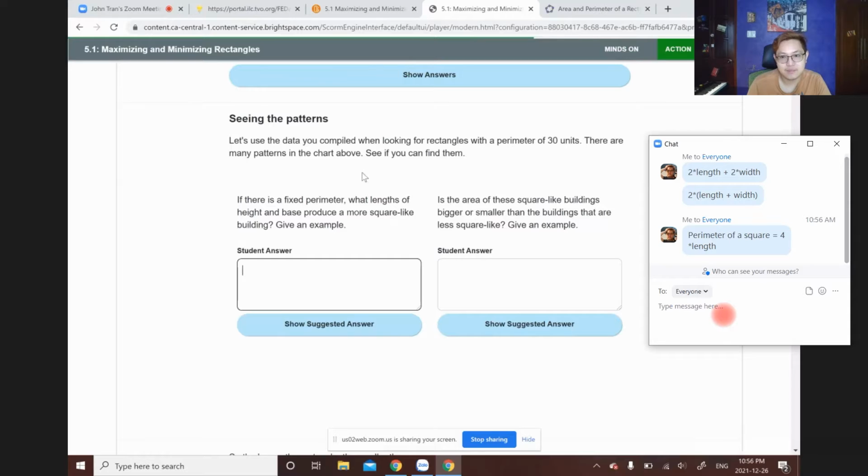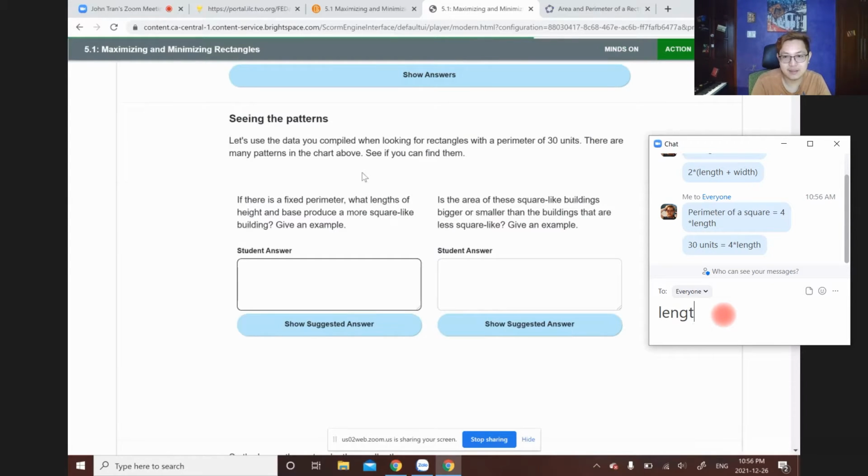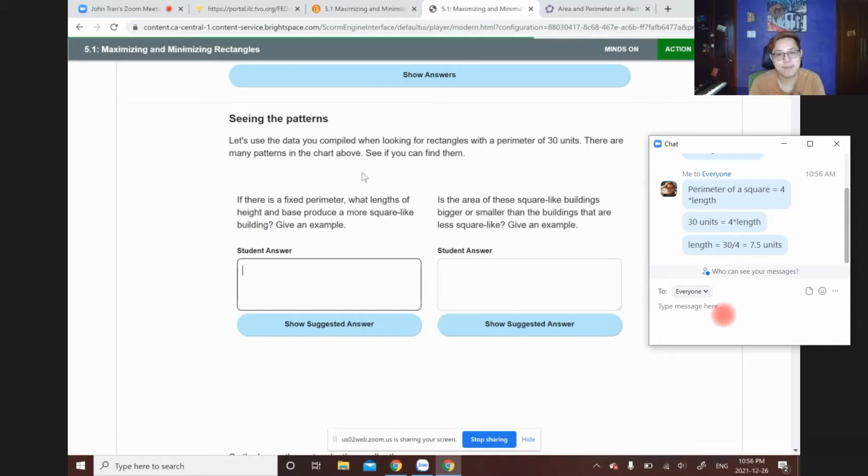So now 30 units equals 4 times length, so length equals 30 divided by 4, which is 7.5 units. So if you have a length of 7.5 units and a width of 7.5 units as well, it produces a more square-like building.